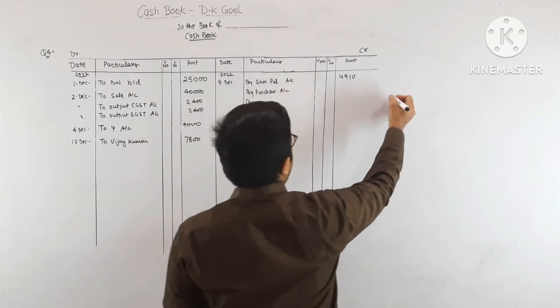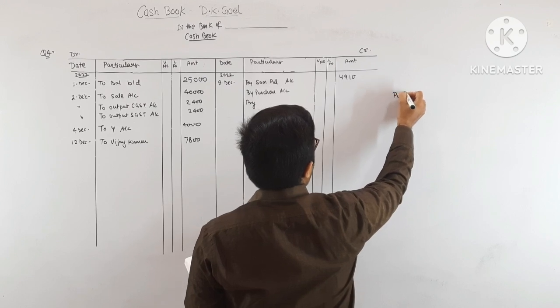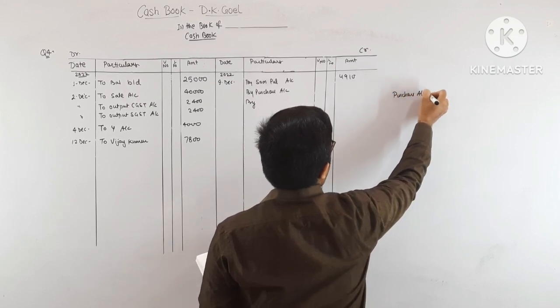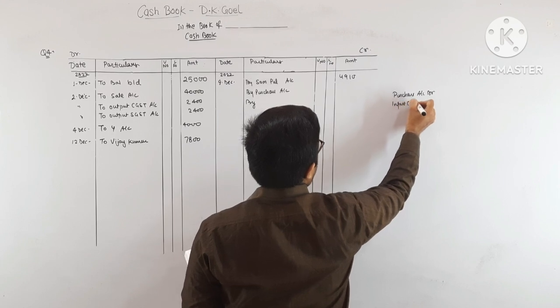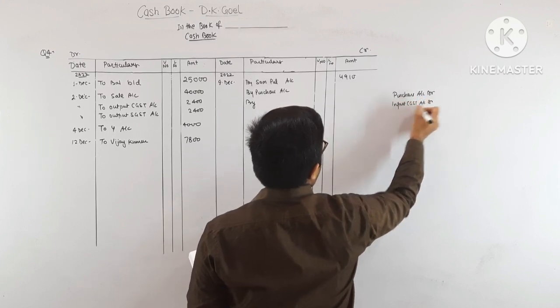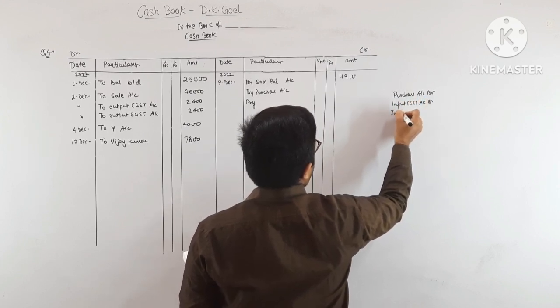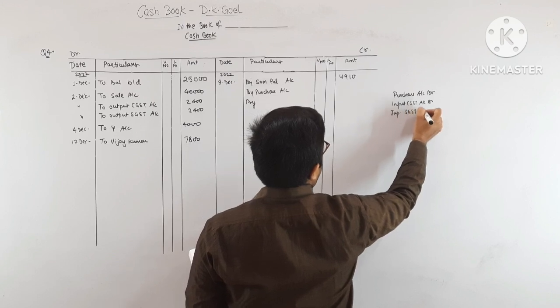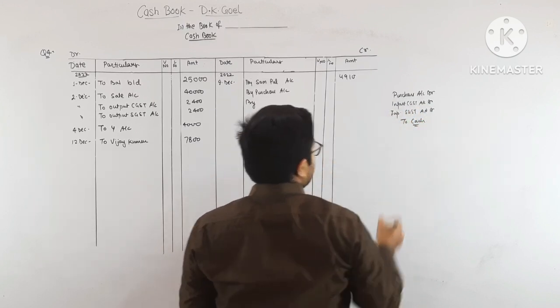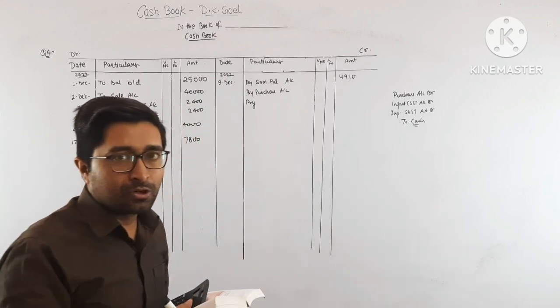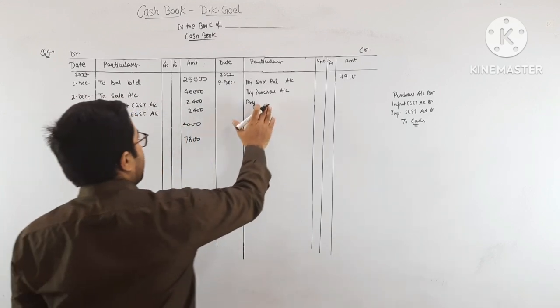So the entry will be purchase account debit, input CGST account debit, input SGST account debit to cash. Okay, so here the cash in the credit column, so comes to the credit, and we will write what?